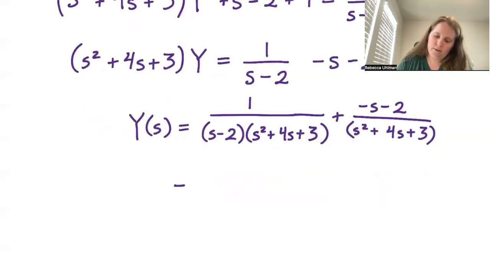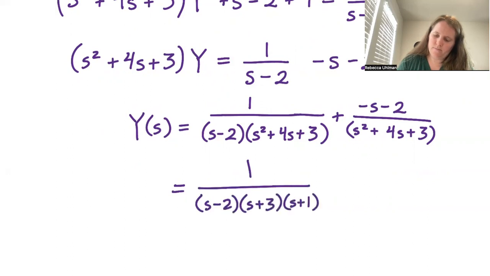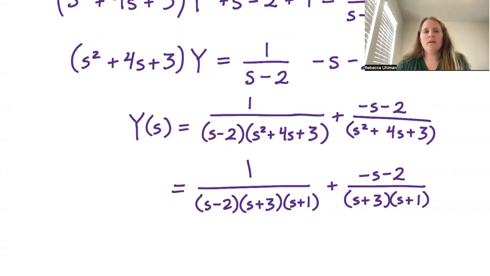We can rewrite the right-hand side as 1 over (s minus 2)(s plus 3)(s plus 1), plus (negative s minus 2) over (s plus 3)(s plus 1). So this was rearranging and solving for y.